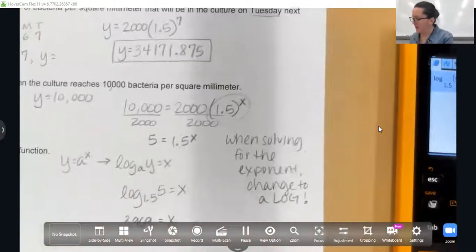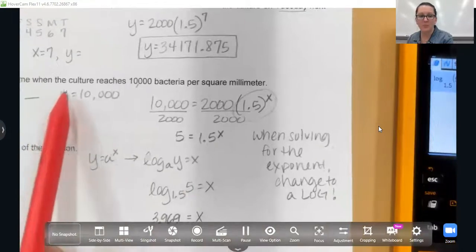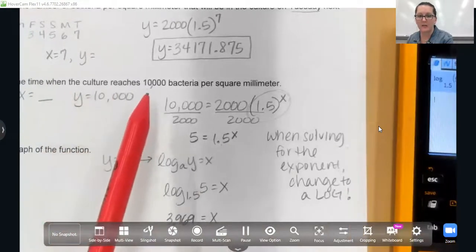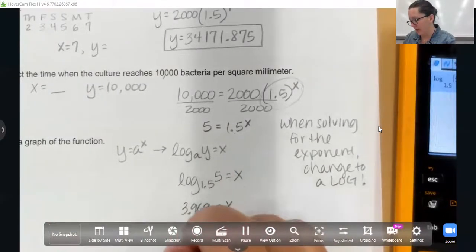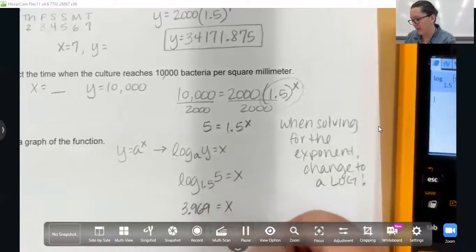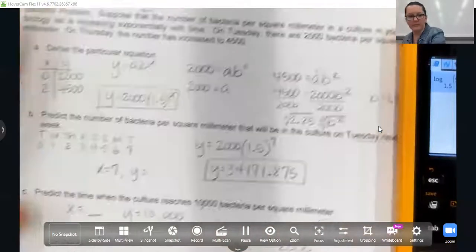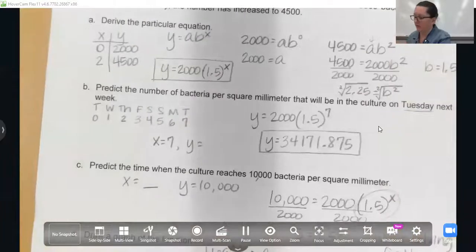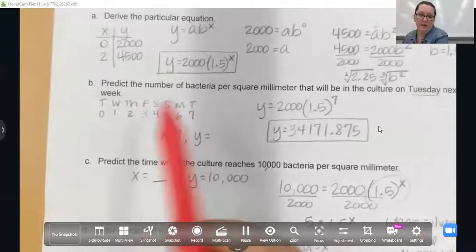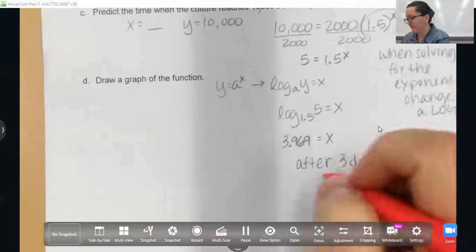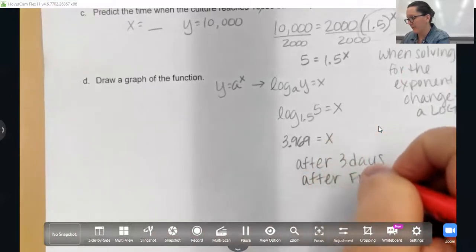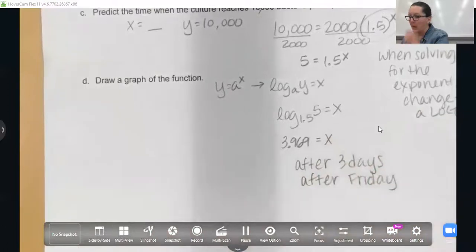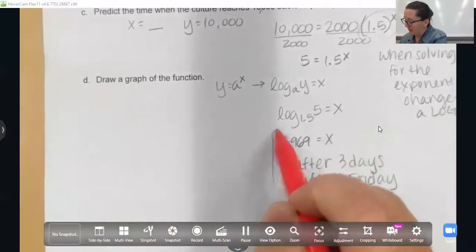So the question again was, predict the time when the culture reaches 10,000 bacteria. So it's saying at almost 4 days, but after 3 days, which would be, go back to our little calendar here. So it's almost at Saturday, right? After Friday. So that would be your answer.